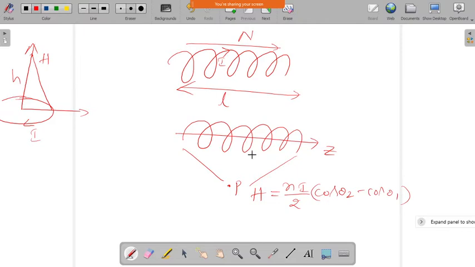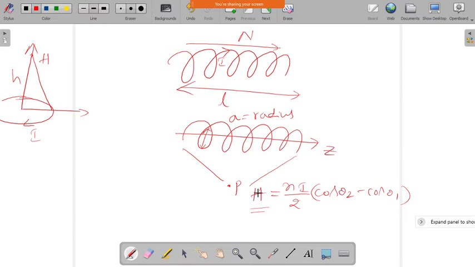Whenever we place the solenoid along the z axis, the circular loop, the complete circular path, will have radius A. Now at point P we have to find the magnetic field intensity.